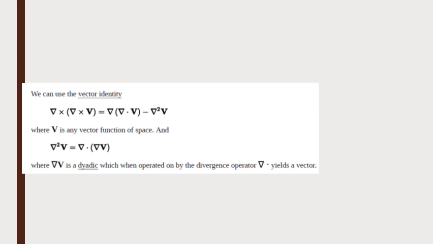Curl of curl of V is equal to del of del dot V minus del 2 V. And we know this is 0 in both the cases, whether it is E or B. So all are 0. If all are 0, only this value remains.